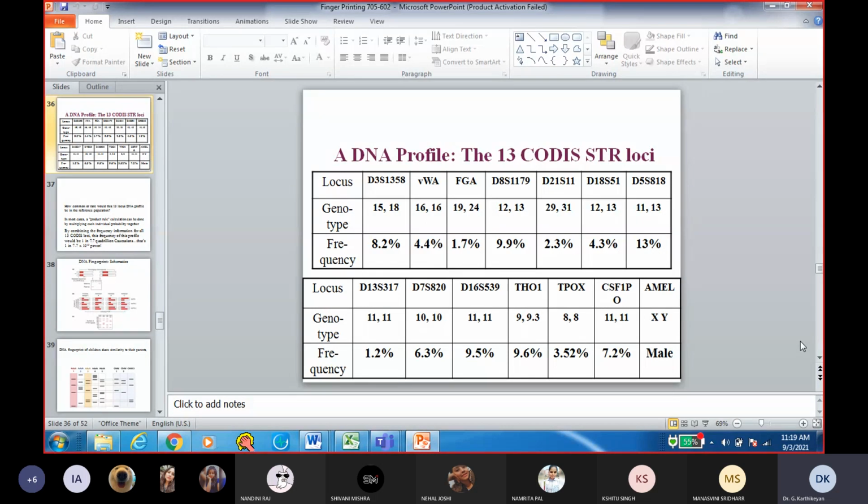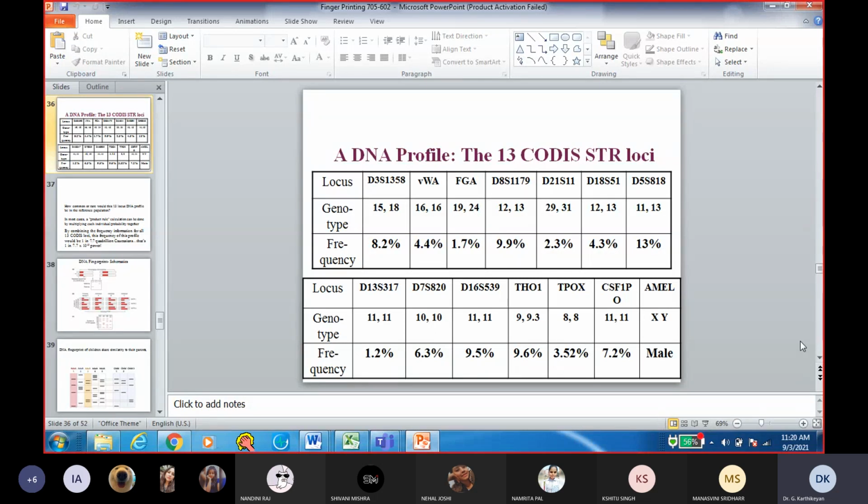Okay, so the Federal Bureau of Investigation in the United States has taken 13 different STR loci, short tandem repeat loci, for DNA fingerprinting. It's a mix and match of alleles that occur frequently and some alleles that occur very rarely. Okay, there is a mathematics behind this.